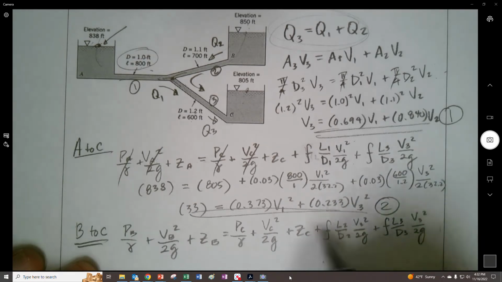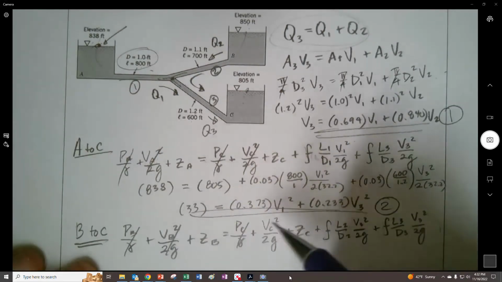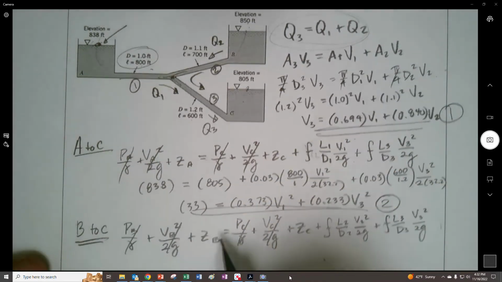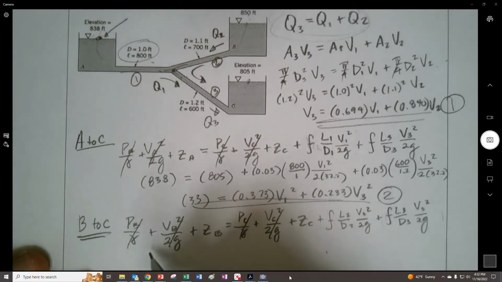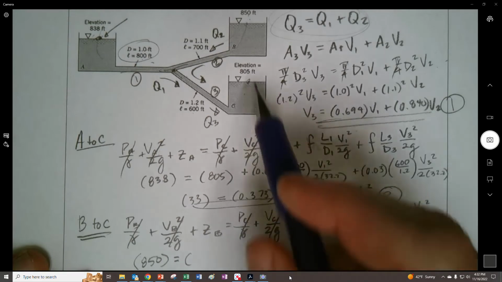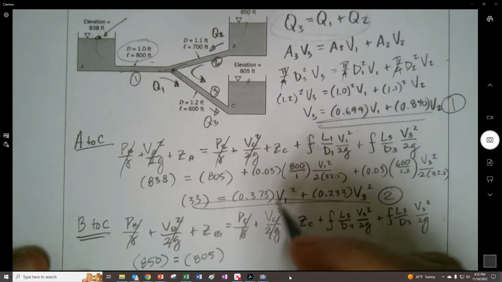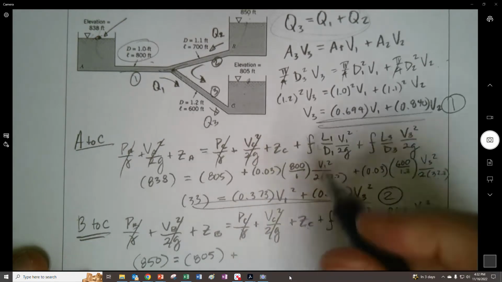This is going to be different, and then of course these are different, right? So those cancel out. These are both 0, so we're left with ZB, which is 850, right? It's going to be equal to ZC, which is once again 805, and then we're going to go plus.